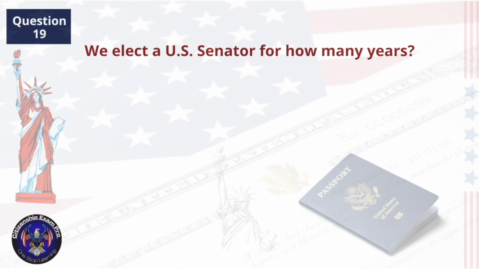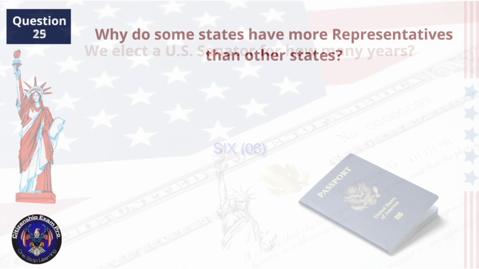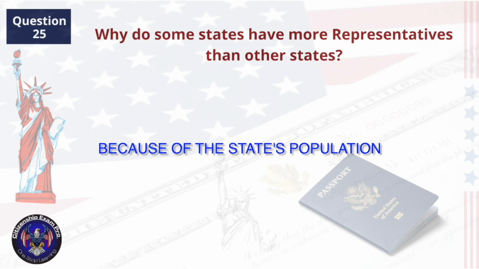We elect a U.S. Senator for how many years? Six. Why do some states have more representatives than other states? Because of the state's population.